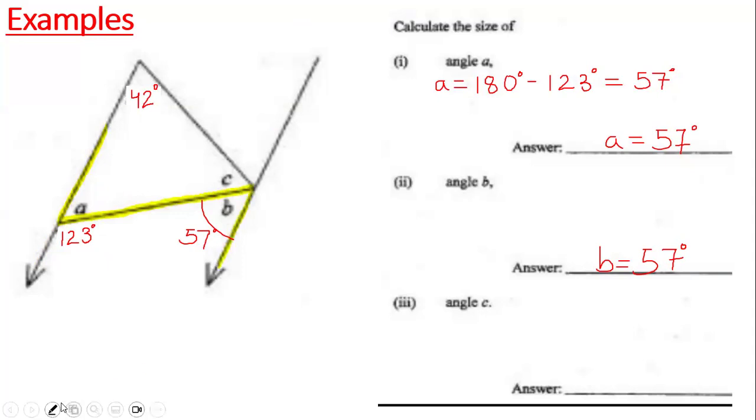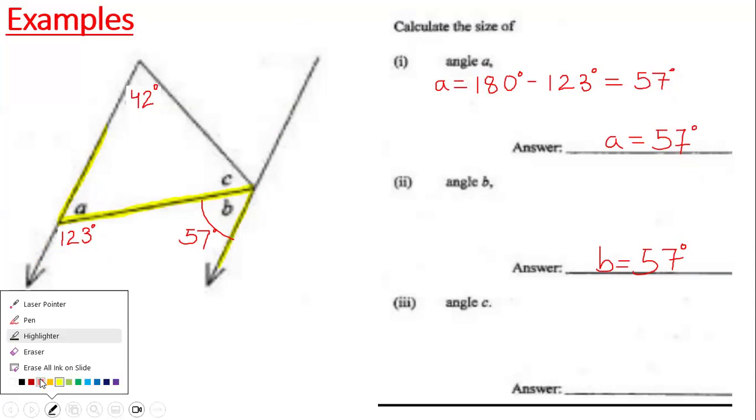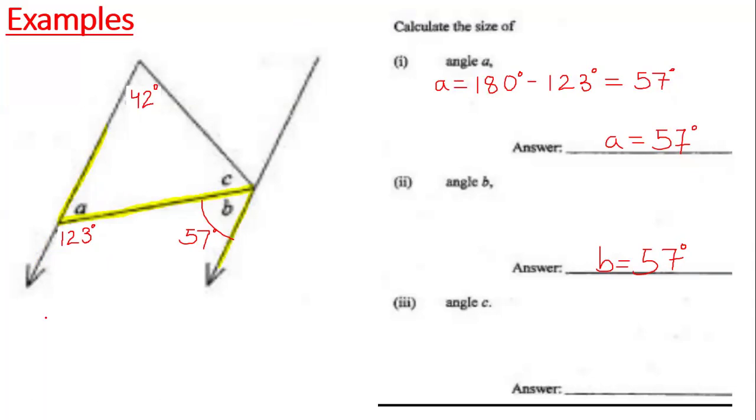And so that means that if this is 57, which we know, then this must also be 57 degrees. And so we have that B is equal to 57 and A is equal to 57. Both of them are 57, because alternate angles are equal.